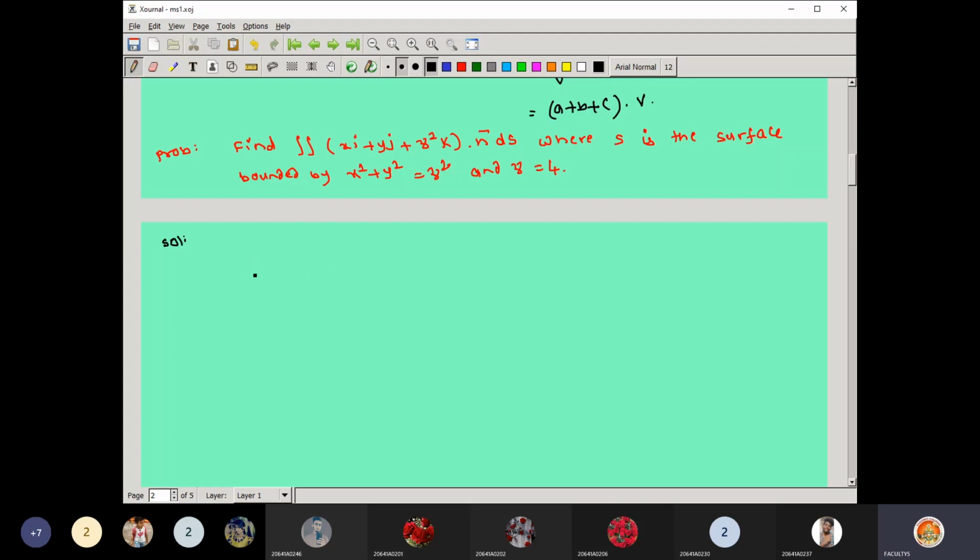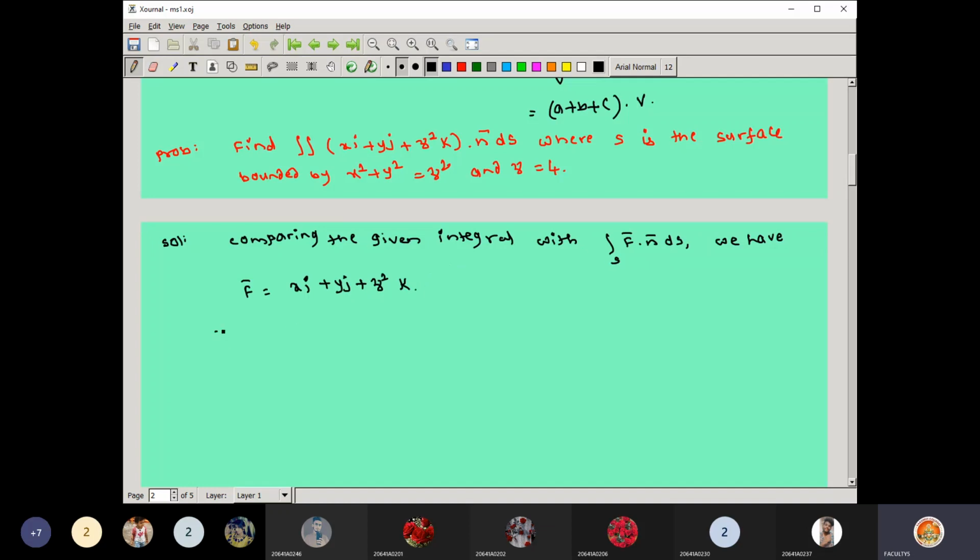So comparing the given integral with integral over S of f bar dot n bar dS, dS is there, n bar is also there, only f bar is a separate expression: f bar equals xi plus yj plus z squared k. So this is your f bar value.